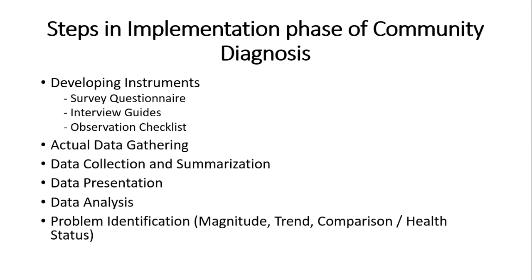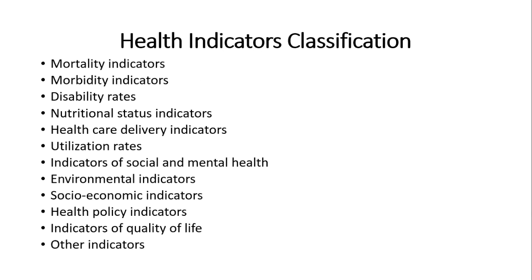Is there a seasonal trend, or diurnal variation, like people are having more complaints in the daytime or night time or evening time, and it should be compared accordingly. So these are the steps in the implementation phase of community diagnosis.